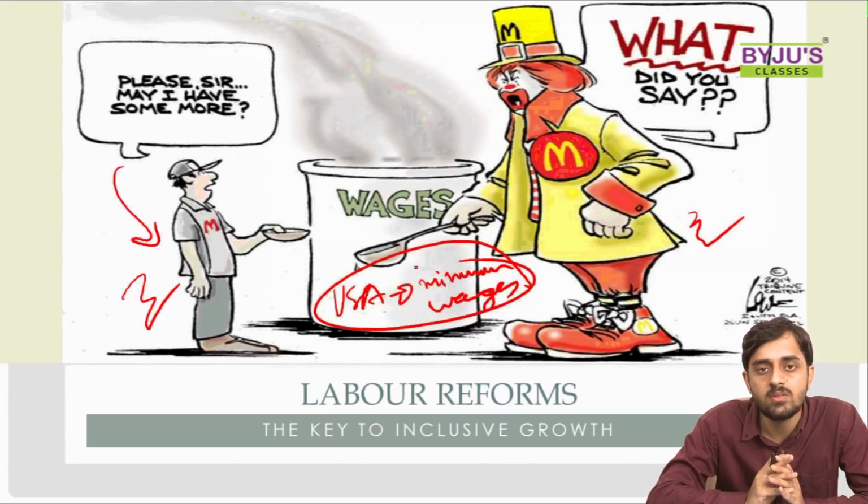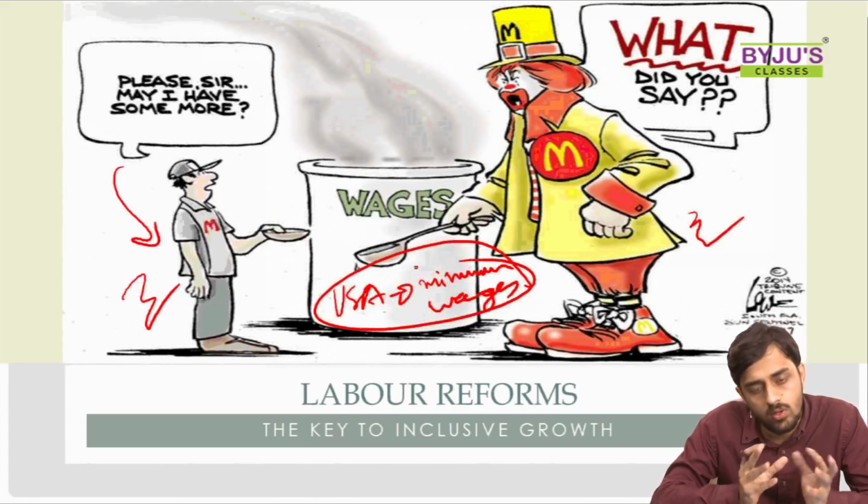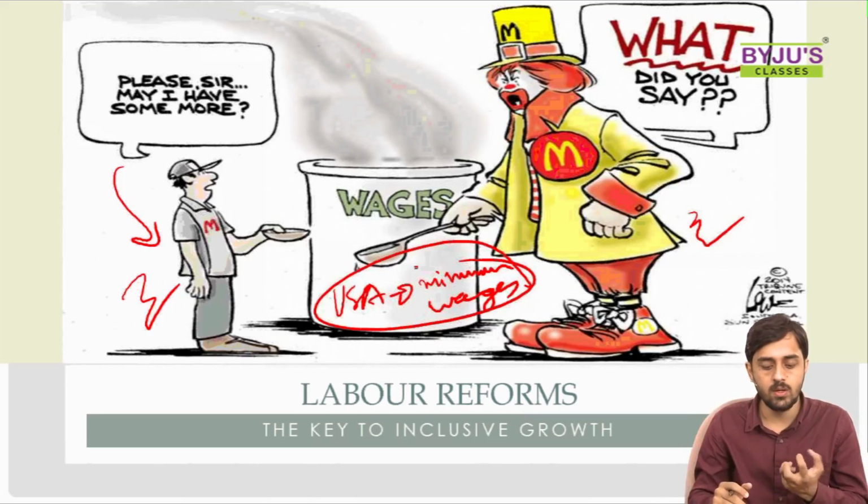Whereas the major business corporations want to decrease the cost of production so as to be globally competitive, the worker unions and labor unions have strongly expressed their concern that this increase in productivity and global competitiveness of business houses should not happen at the cost of wages of the worker. So that's the whole context that we need to understand.